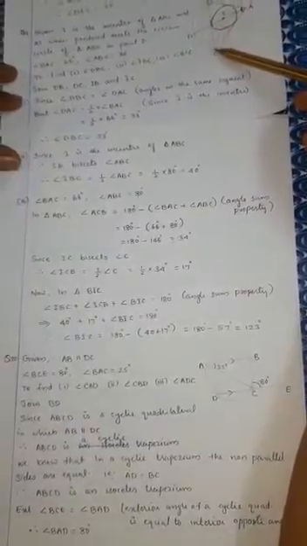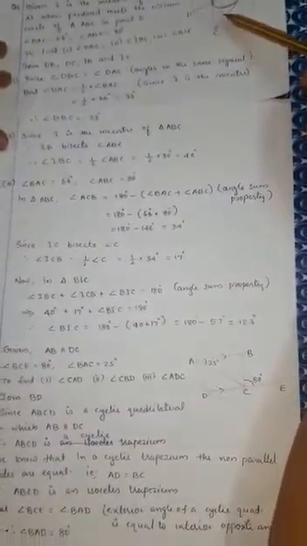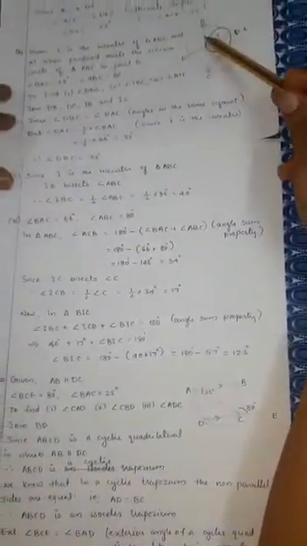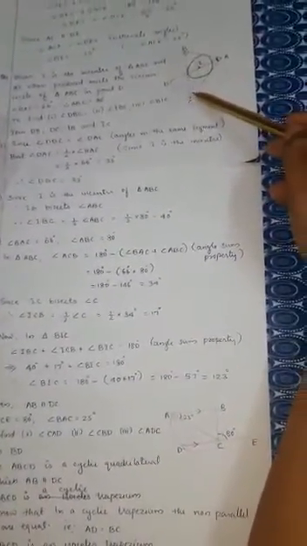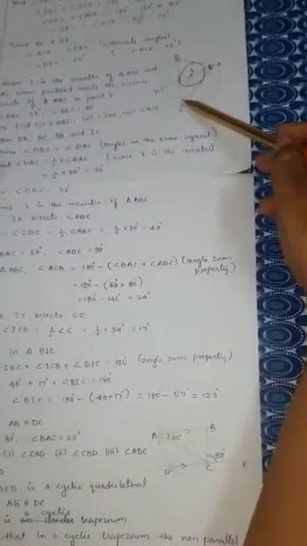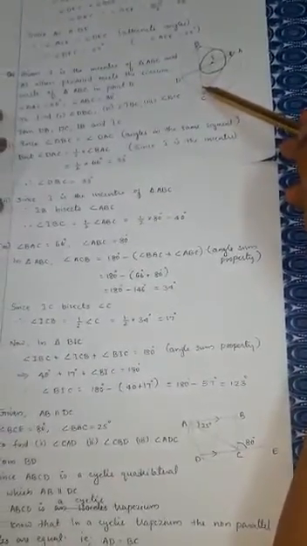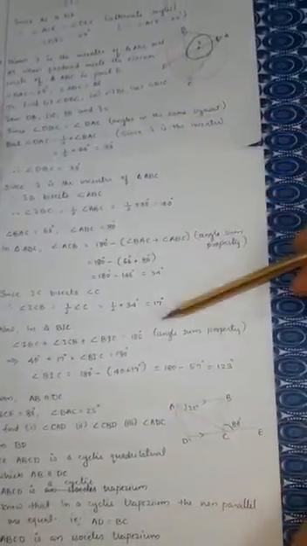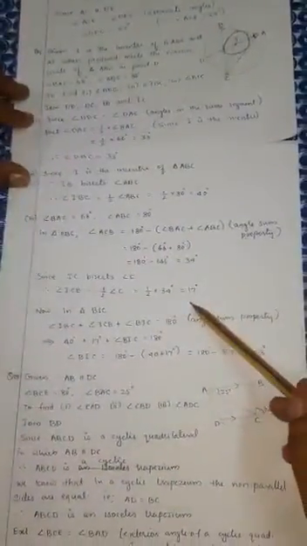Since IC bisects angle C, therefore angle ICB is equal to half of angle C. That is equal to half into 34 degree equal to 17 degree.